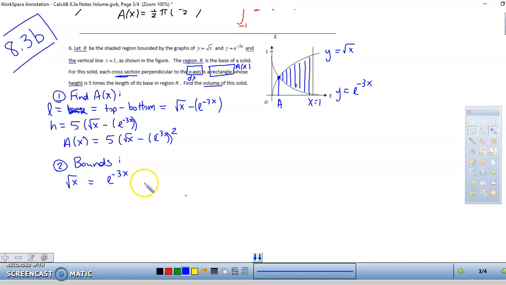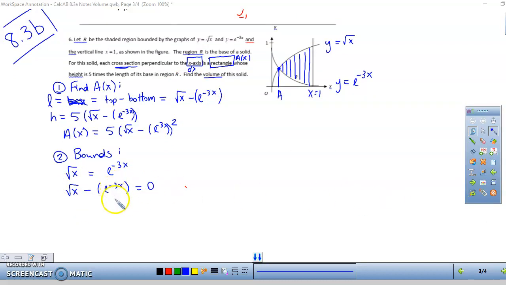In order to just find the zeros, instead of doing the intersections, you can subtract and set that equal to 0. That coincides with what we did up here, the top minus bottom piece, which makes the integration in the calculator slightly easier.